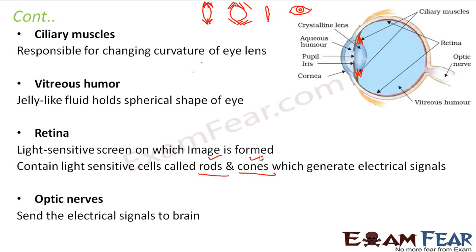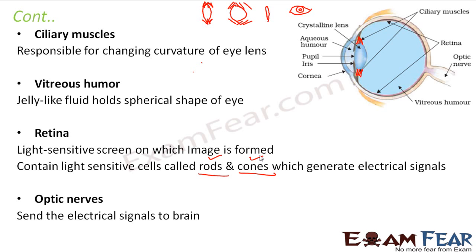So now this image is taken by the optic nerve to the brain, and then the brain decides what it is that I am viewing. First of all, the brain will convert that inverted image into an erect image. So now you are able to see an erect image. And the brain also enables you to understand what you are seeing. That understanding comes only from the brain. So the brain actually helps us to interpret what we are viewing.